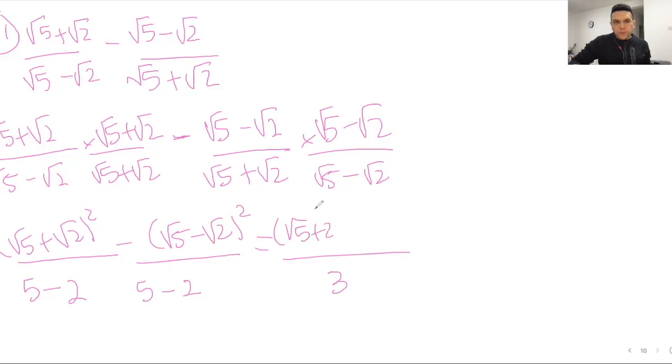And then notice that this is the difference of 2 squares, right? Minus. All right, difference of 2 squares, so this is going to simplify to, it's going to be a long one.